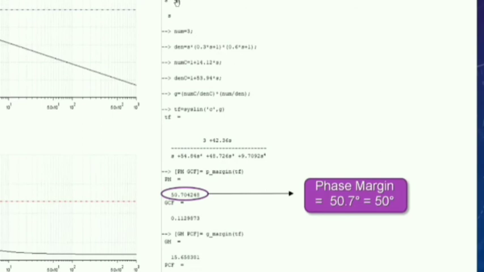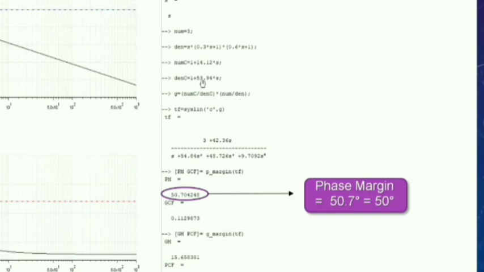First, we are going to insert s equals to percent s to define the system. And then we are going to insert the num value, the den value, the num C value, and the den C value in order to insert our gain formula, which is G equals to num C over den C multiplied by num over den.